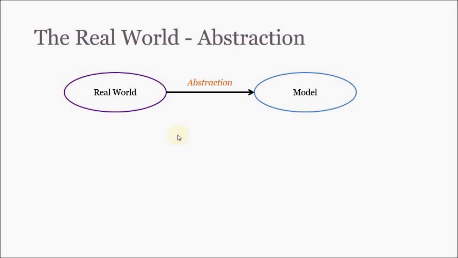Now, the listener can ask this question: are all models good? The answer is no. Some models are good, but a model obtained through abstraction is definitely a useful tool in understanding the real world, which otherwise would have been difficult.